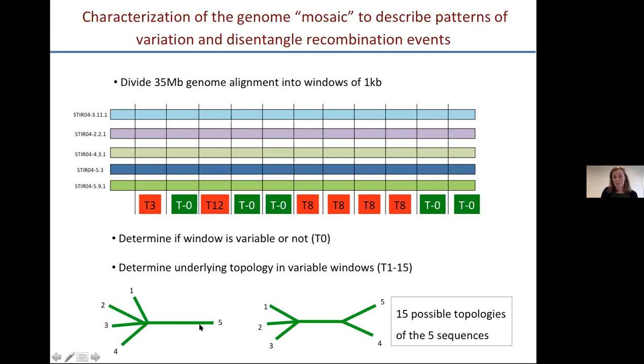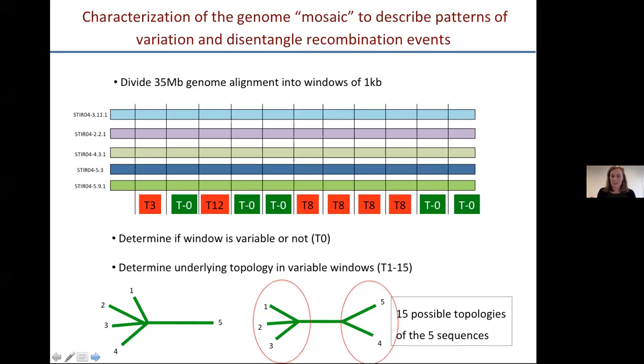There would either be one sequence different from the 4 others, and these 4 would be identical to each other. Or the alternative would be 3 sequences identical to each other and different from 2 sequences that would be identical to each other. So we always had these 2 haplotypes in the variable windows.